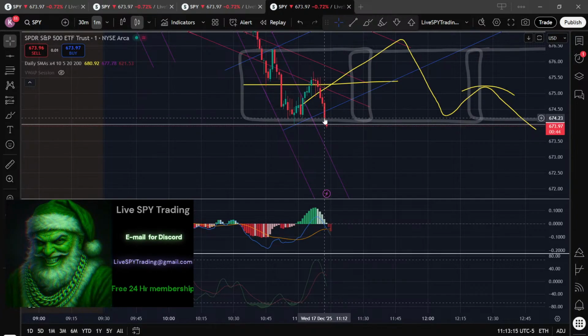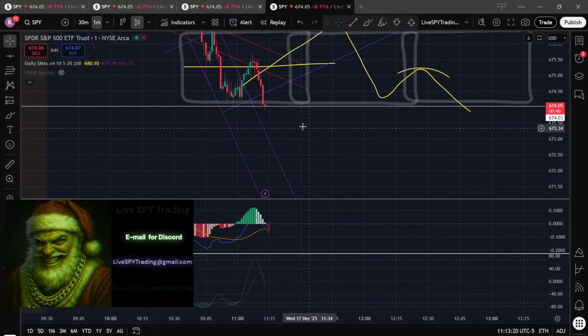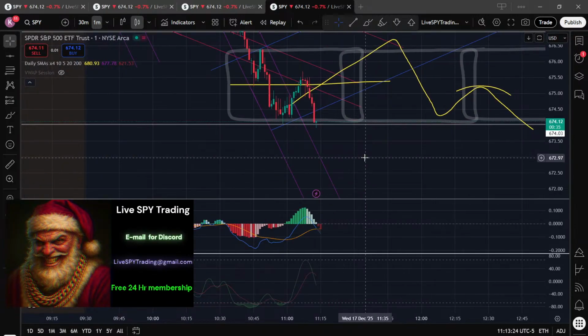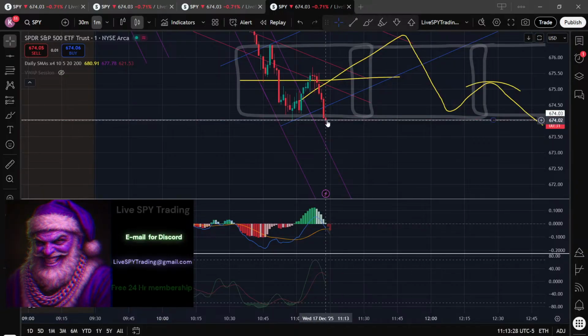You got to protect your trade after these next probably 2 or 3 candles. Let's hope it gets through and then makes 7403 resistance.